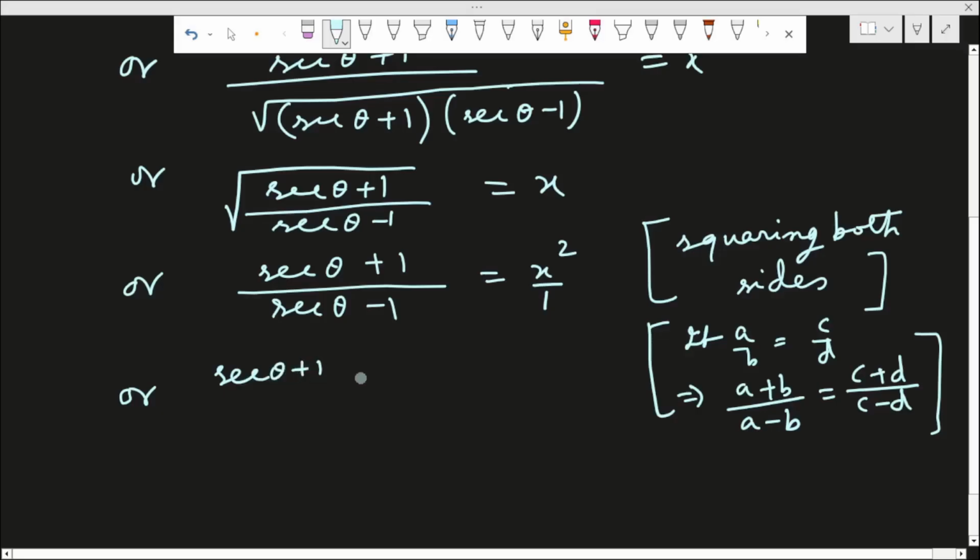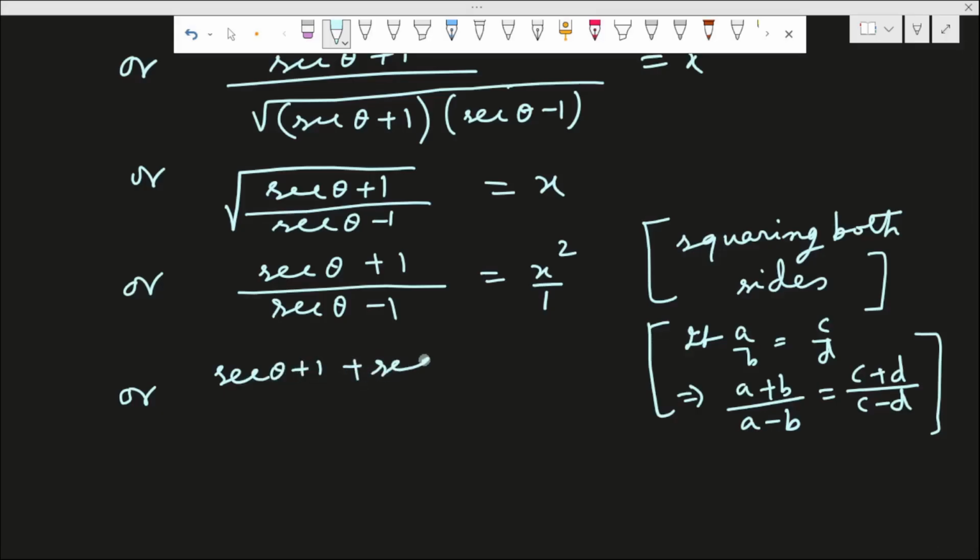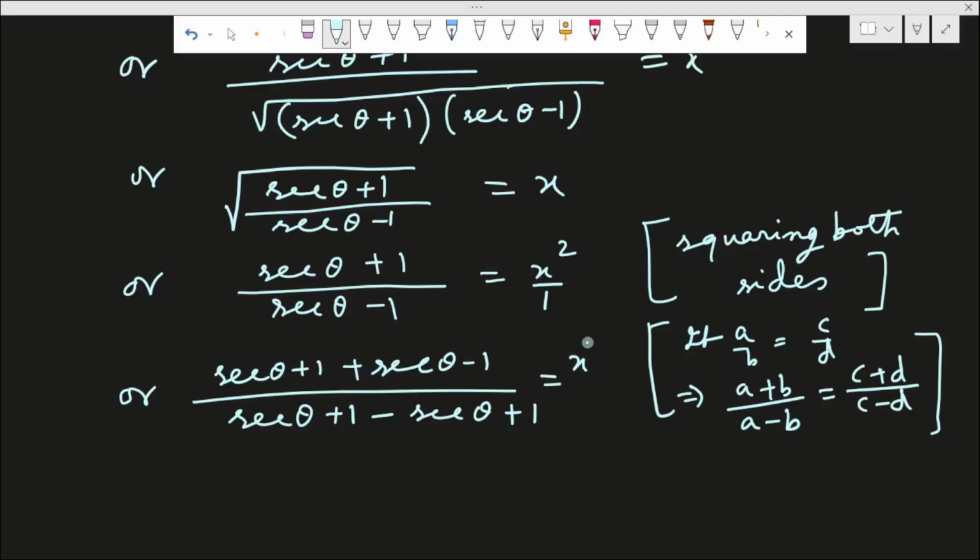sec theta plus 1 plus sec theta minus 1 by sec theta plus 1 minus sec theta plus 1 is equal to x square plus 1 by 1.